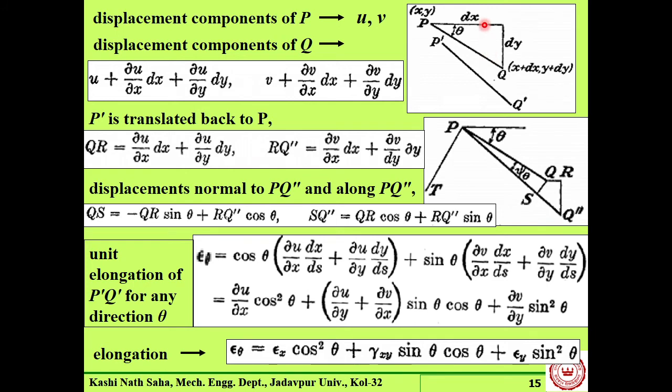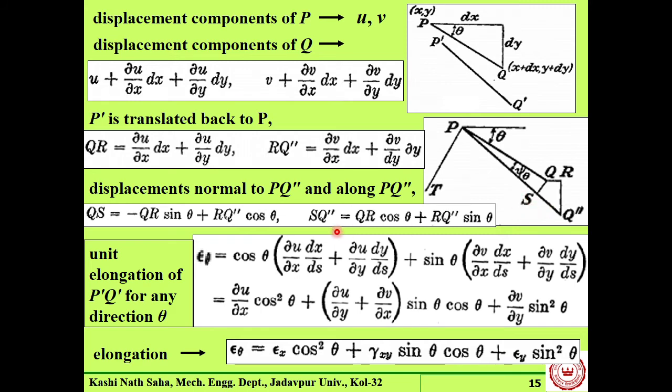And you know that here, this is an elemental shape. This is dx, this is dy. So line PQ has a length ds. Okay. So what is the elongation here? SQ double prime divided by PS, right? This is the elongation SQ double prime, and this PS is the original length.